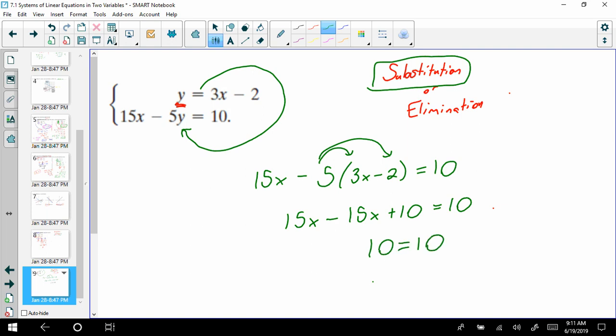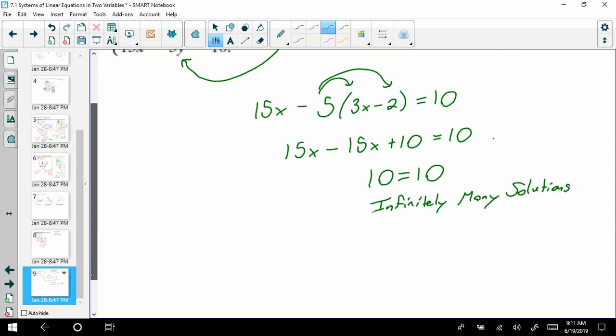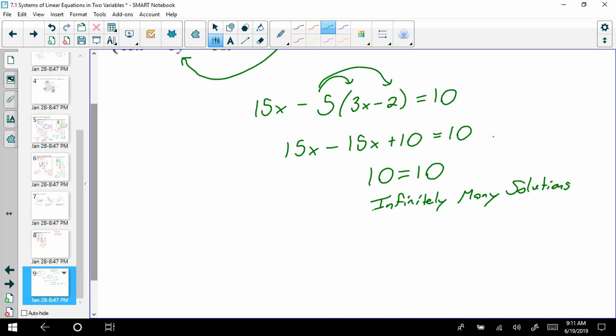If your variables disappear and you are left with the exact same thing on either side, this we would say is infinitely many solutions. So on MyMathLab, they might write this answer a little bit differently, so I want you to be aware.